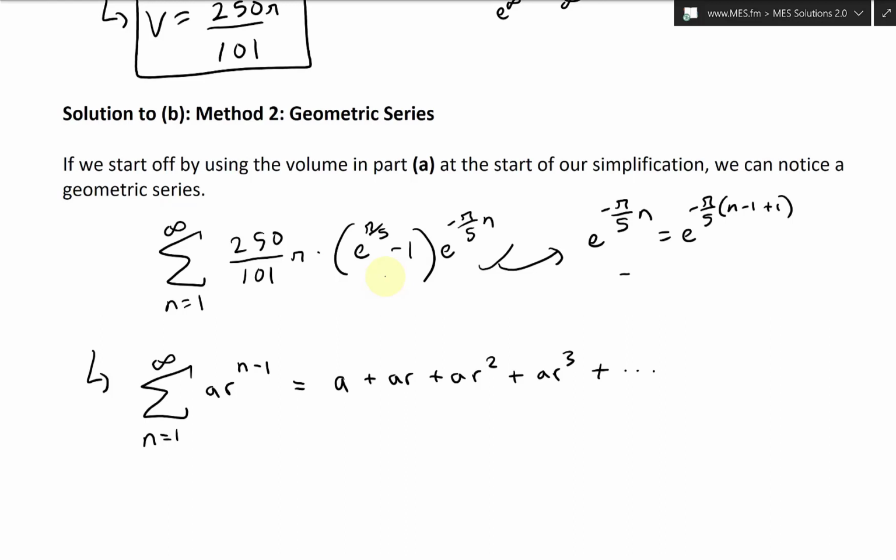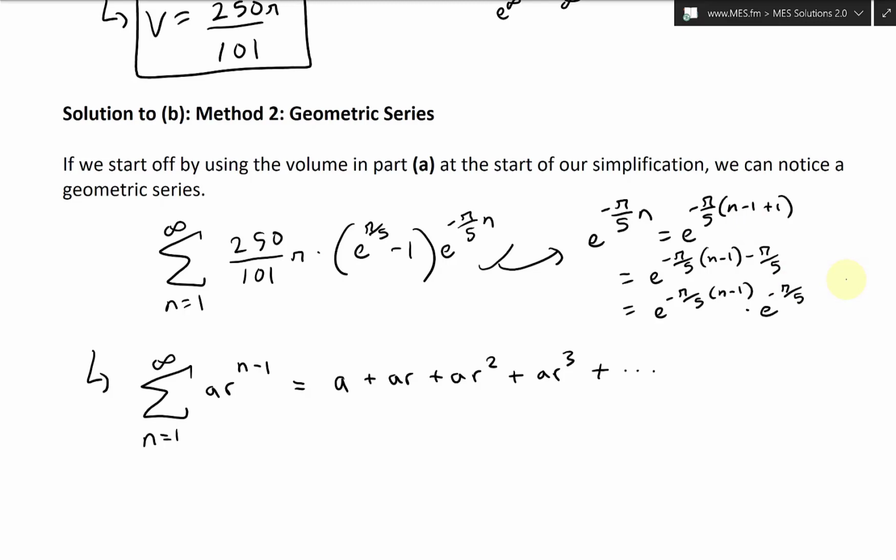This equals 2 e to the negative pi over 5 times n minus 1, and then plus 1, and it's going to be separate over here, plus, but then there's a minus sign out there when we multiply that inside, pi over 5, minus pi over 5. And this just equals 2 e to the negative pi over 5 n minus 1 times e to the negative pi over 5.